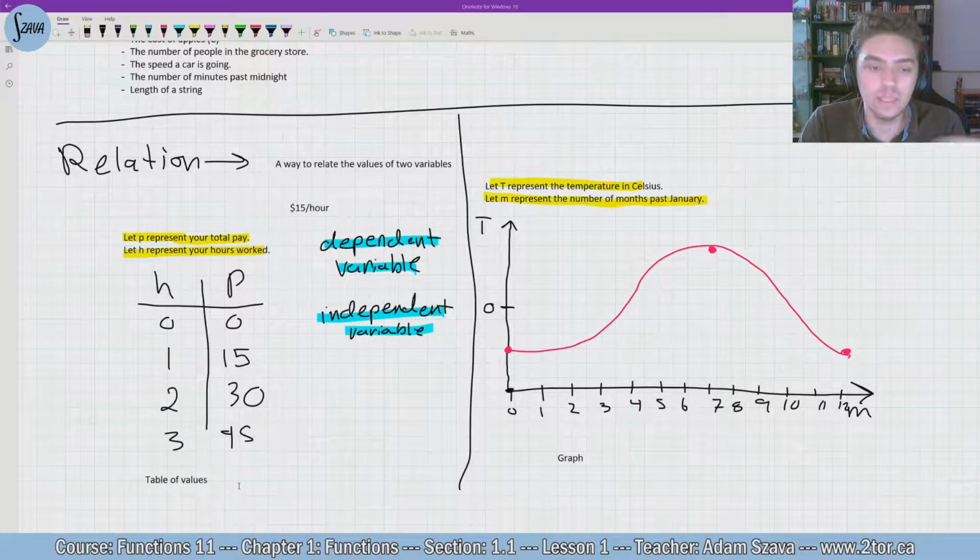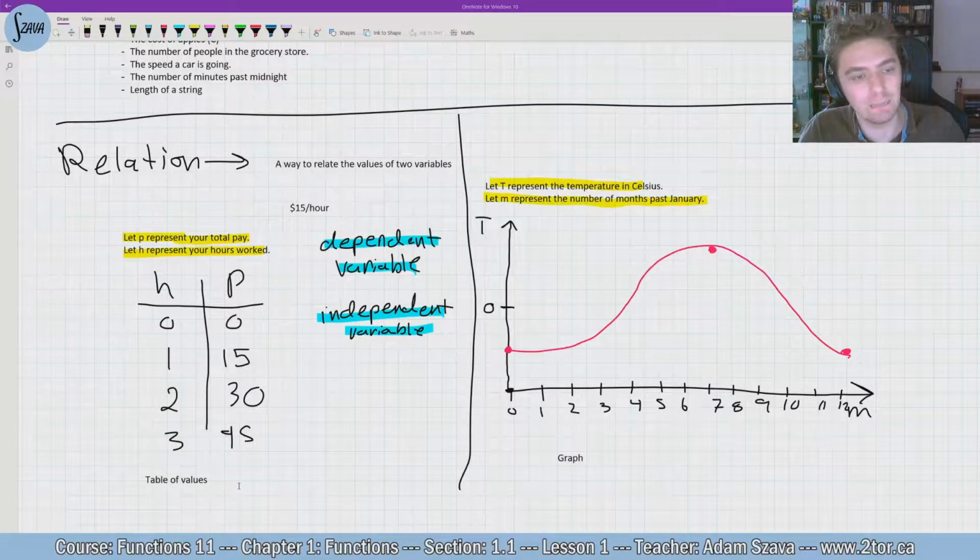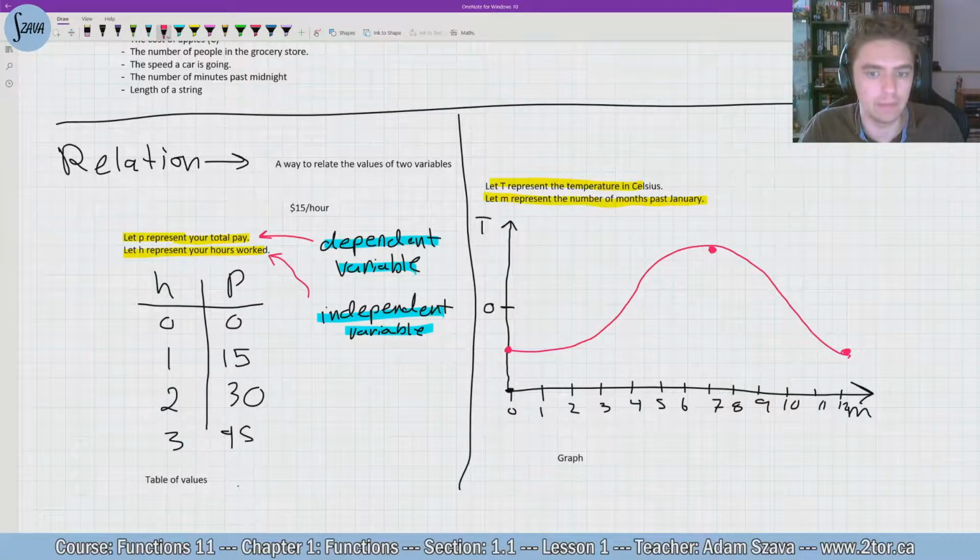Because you need to know that first before you can tell me how much I should get paid. So the pay depends on the number of hours worked. How much you get paid depends on how many hours you work. That sentence makes sense. So that's why we call the pay the dependent variable and H the independent variable.